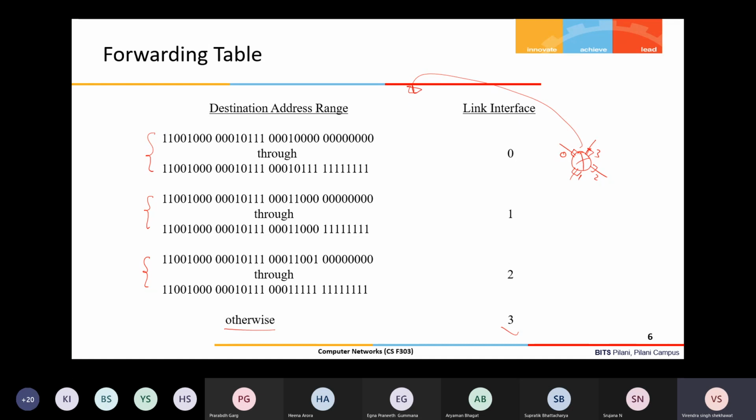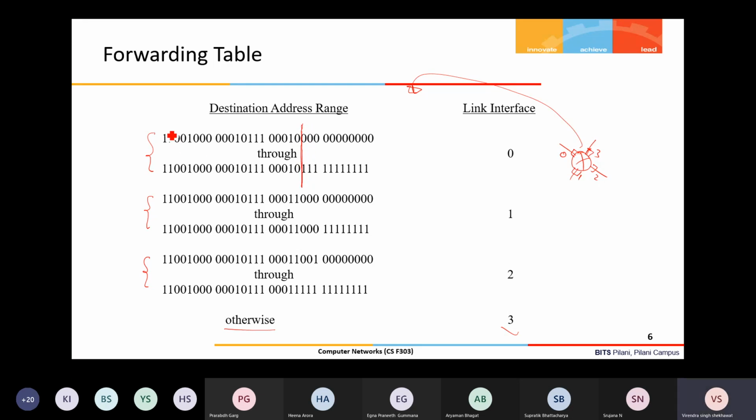Now we see, do we really need all these entries? In this range you can see there are so many IP addresses. So are all these entries required, or can we survive with a smaller number of entries? If you see all the addresses in this range, up to here, the bits are common.